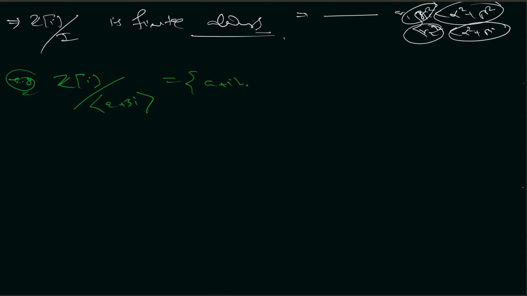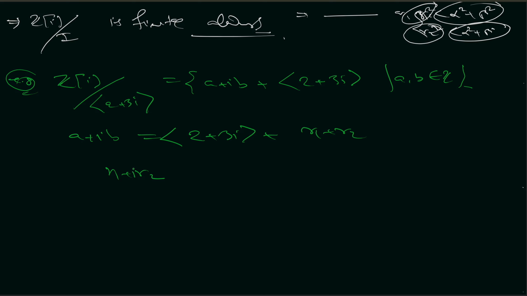This is a plus ib plus the ideal generated by 2 plus 3i, where a, b are in Z. So a plus ib can be written as the ideal generated by 2 plus 3i plus r1 plus i r2, with r1 plus i r2 equal to 0, or r1 square plus r2 square less than 2 square plus 3 square. This means that r1 square plus r2 square should be less than 13.